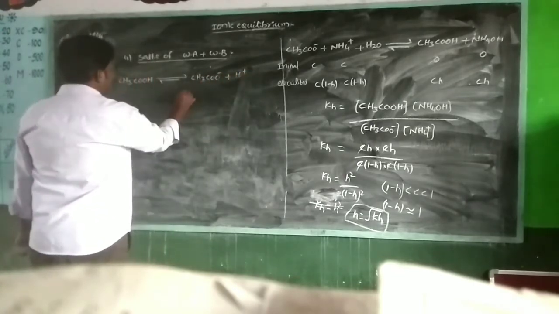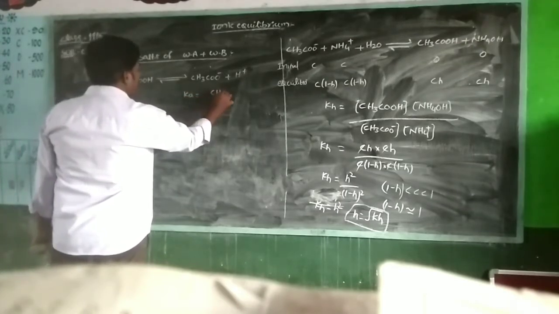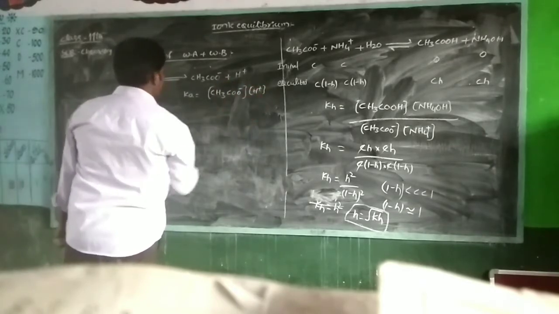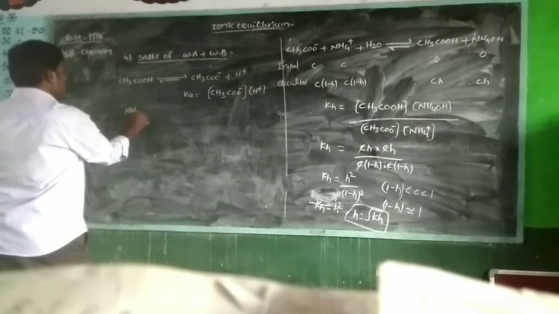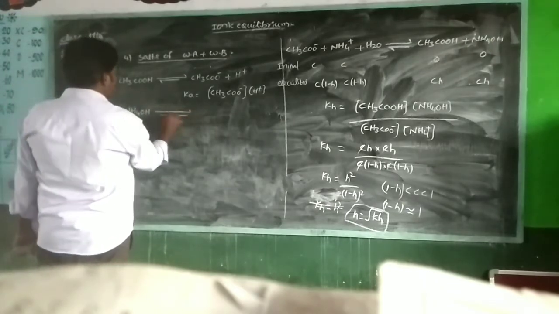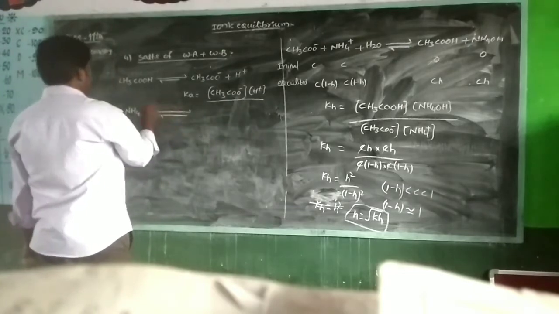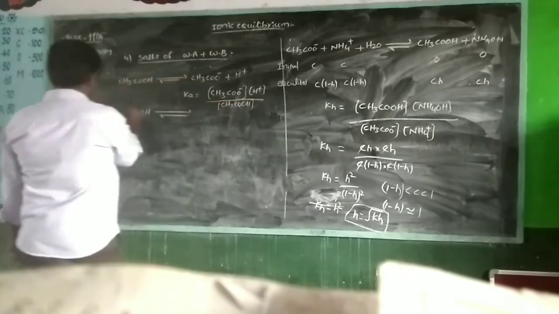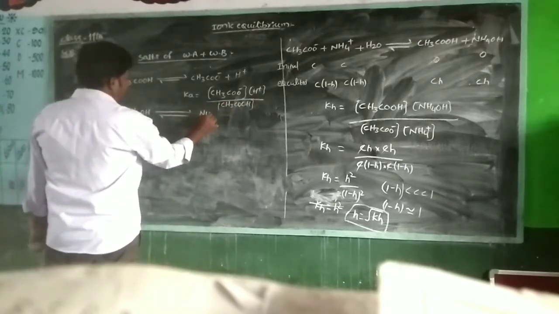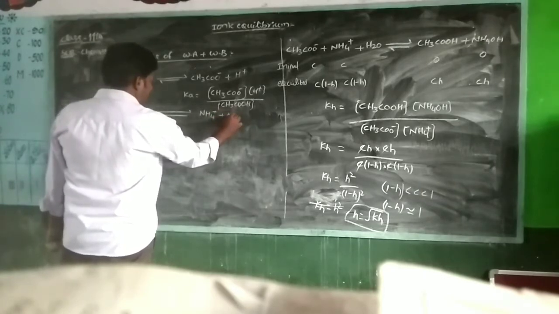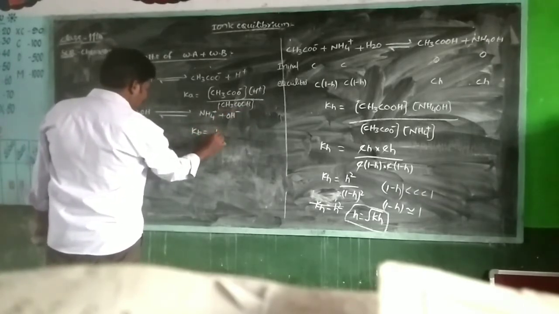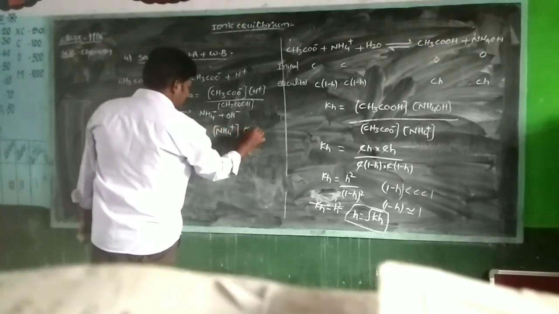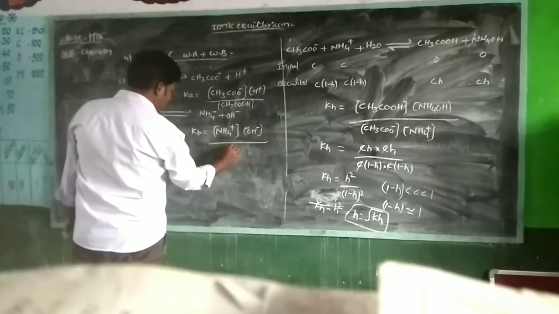This is the weak acid, and you can find Ka is equal to CH3COO minus and H plus concentration upon CH3COOH. Next, the weak base NH4OH gives NH4 plus and OH minus. You can find Kb is equal to NH4 plus and OH minus concentration upon NH4OH.